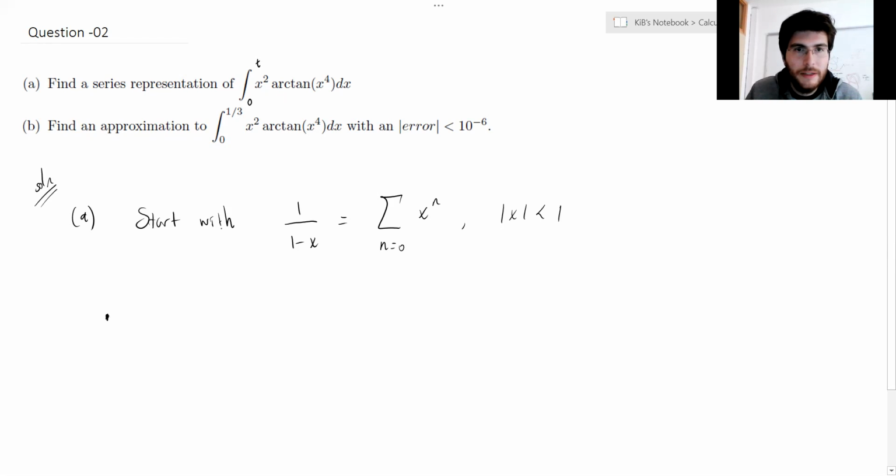So first step, as before, somehow we need arctangent, right? Therefore, just start with replacing x by minus x squared.